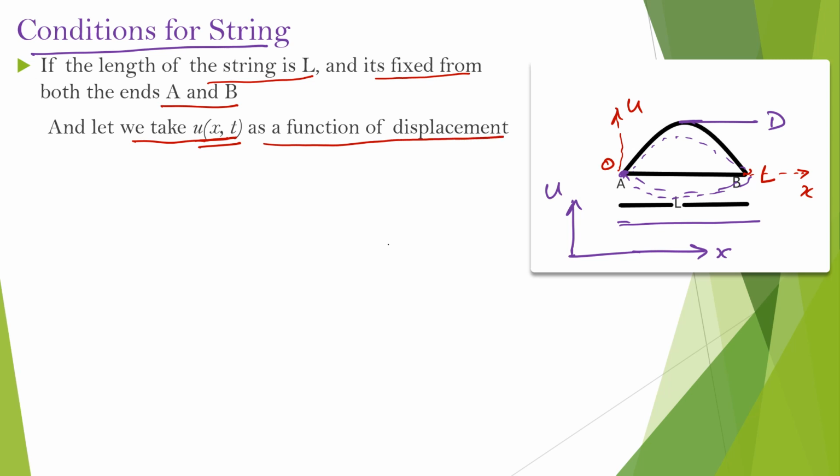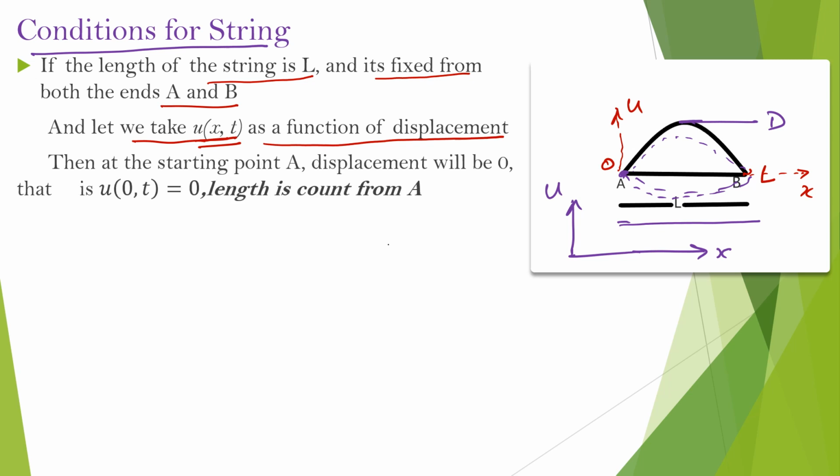U depends upon x and time. Then the displacement at the starting point A will be 0 because it is fixed. Whenever we vibrate the string, the displacement of point A in the direction of u, either positive or negative, is 0. So at the boundary starting point, u(0,t) is always 0.